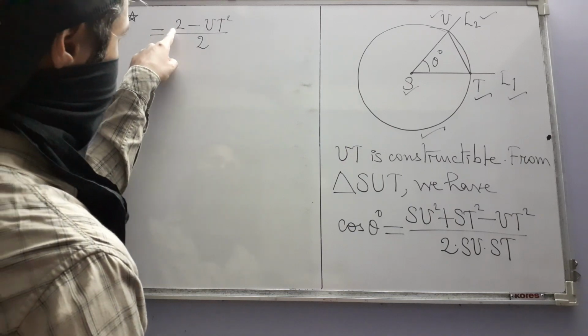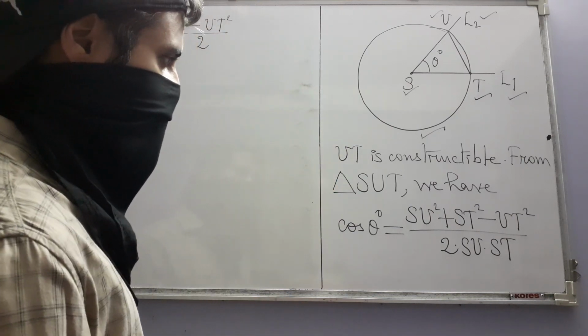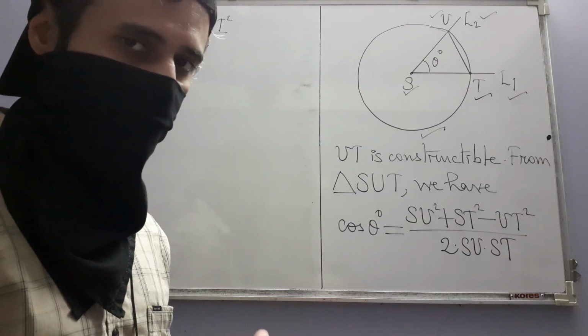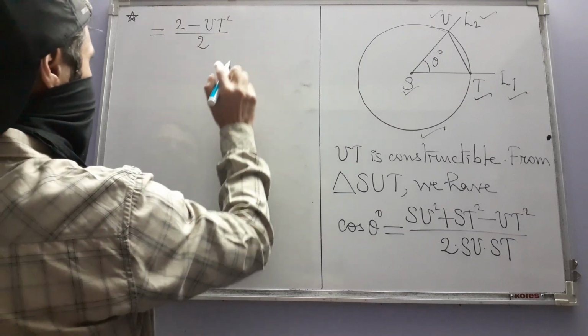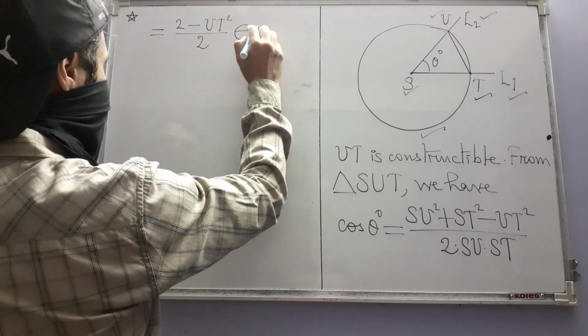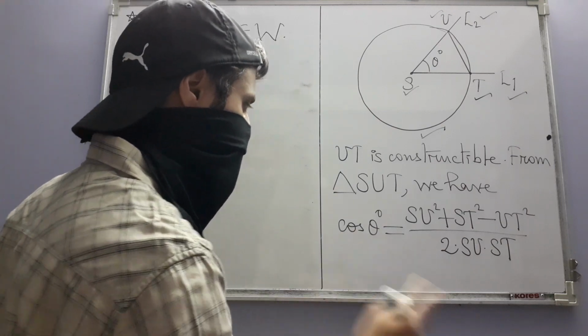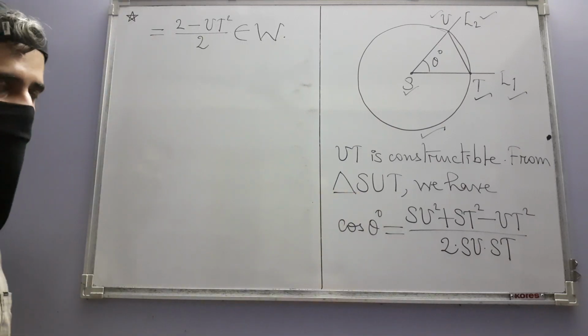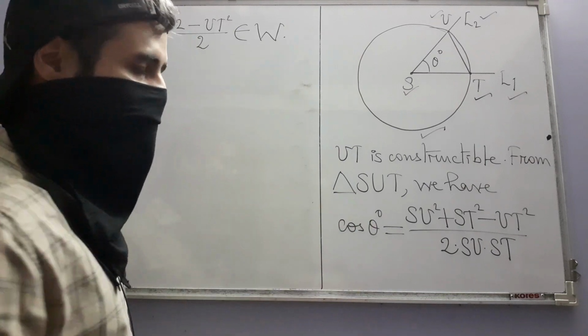Now 2 is a constructible number and so is UT, and the constructible numbers form a field. So that's why this quantity is again in that field, and that's how cos theta degree is constructible. Okay. So that means we have proved one half of our claim.